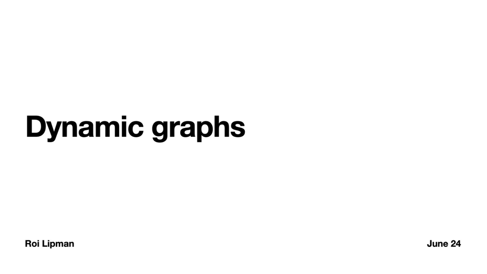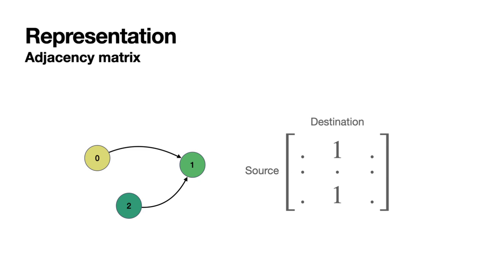I'm going to focus specifically on use cases where we have constantly changing graphs, what maybe I would refer to here as dynamic graphs. So I should mention that, as in Scott's talk, there is a clear mapping between graphs and sparse matrices.